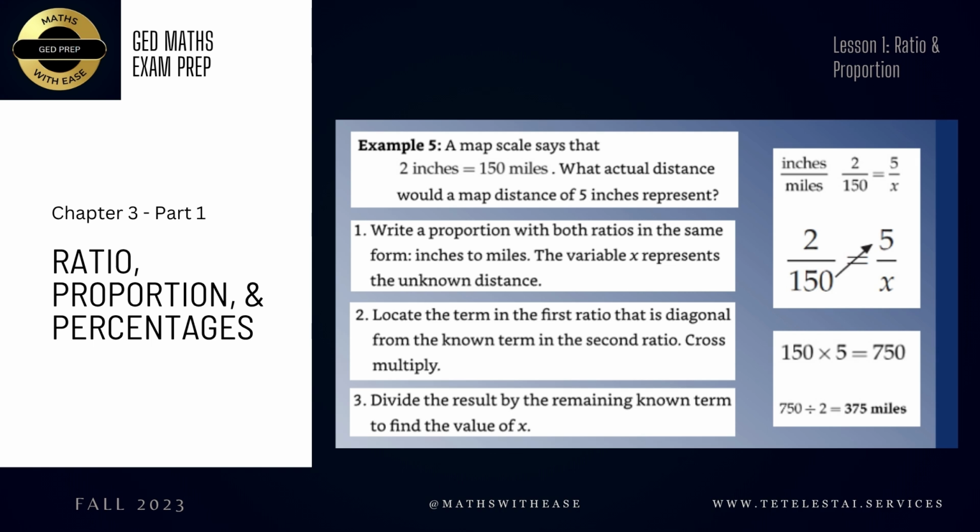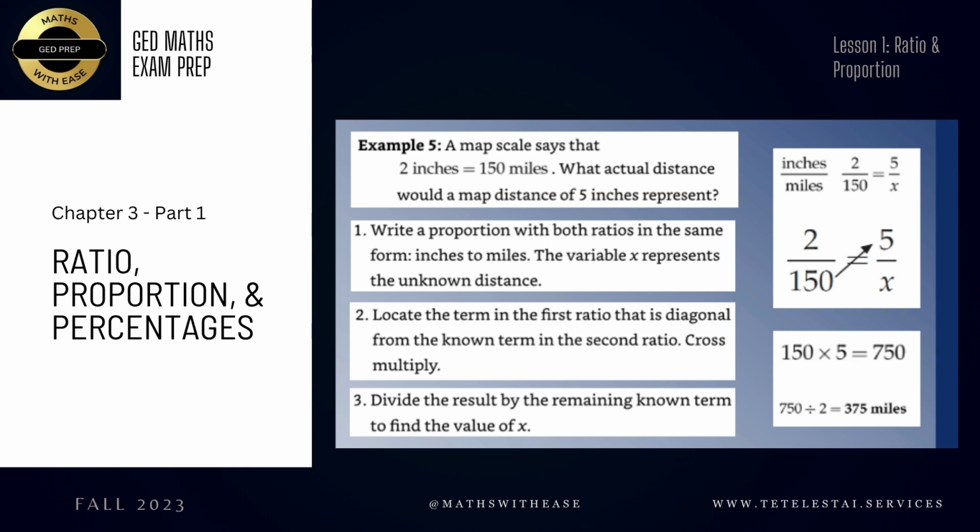And it's telling you that 2 inches on your phone's map is the equivalent of 150 miles, okay? What actual distance would a map distance of 5 inches represent, right? So if you saw 5 inches on your map, how many miles is that in real life?